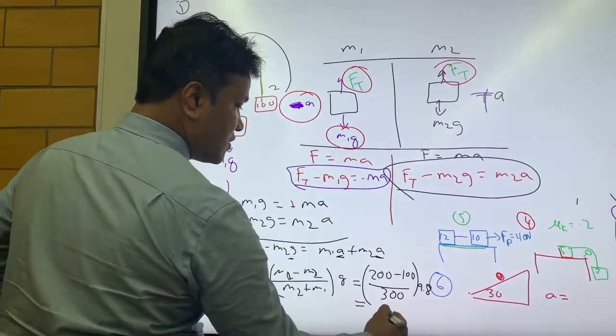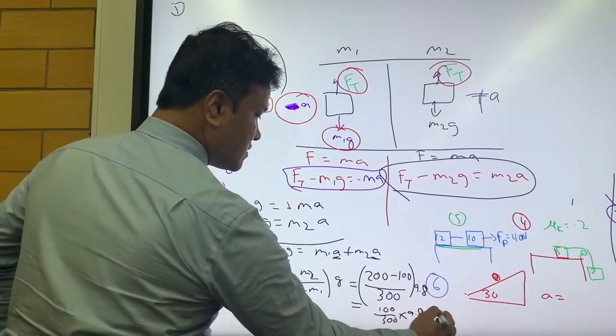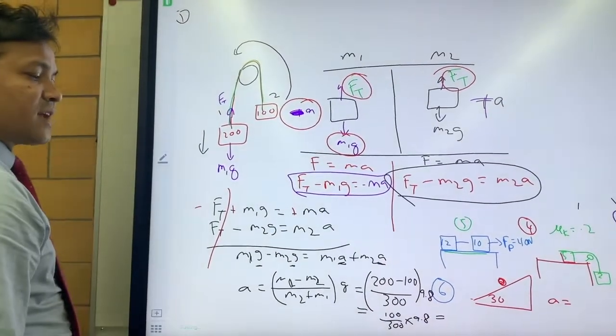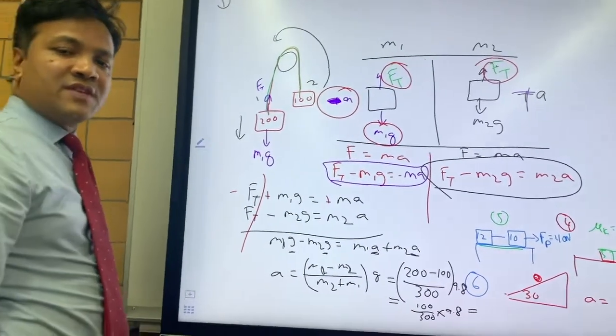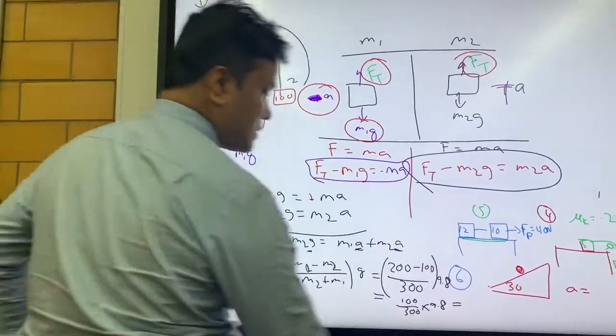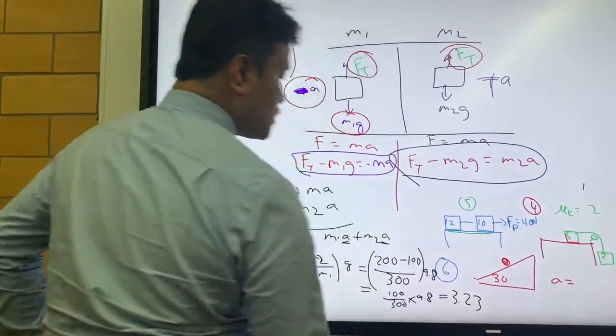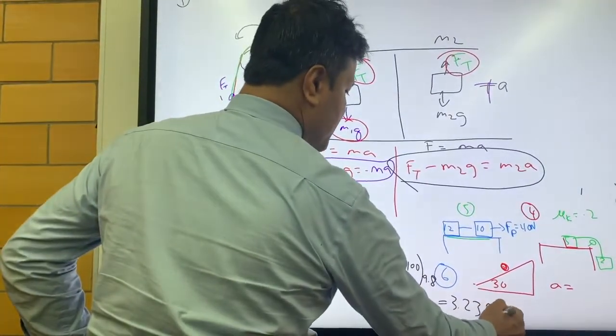So what do you get? 100 divided by 300 times 9.8. So 0.33 times 9.8 is how much? 3.23. So the acceleration of this elevator is 3.23 meters per second squared.